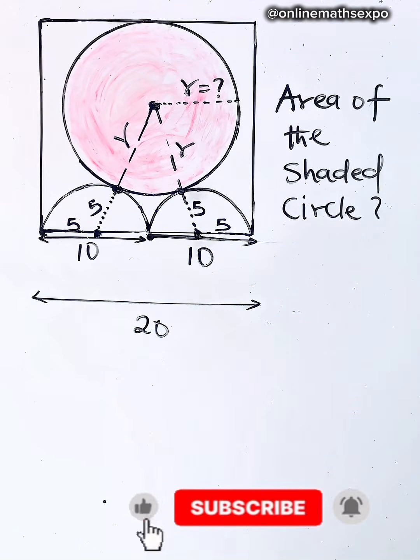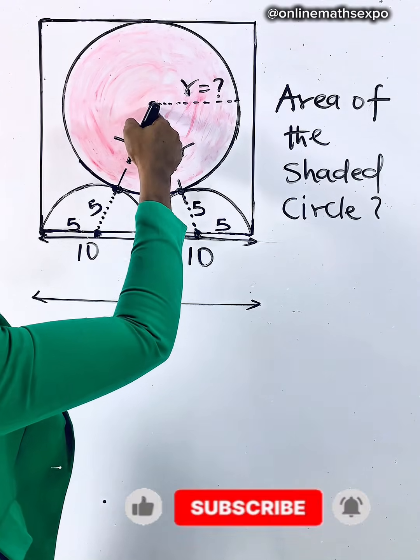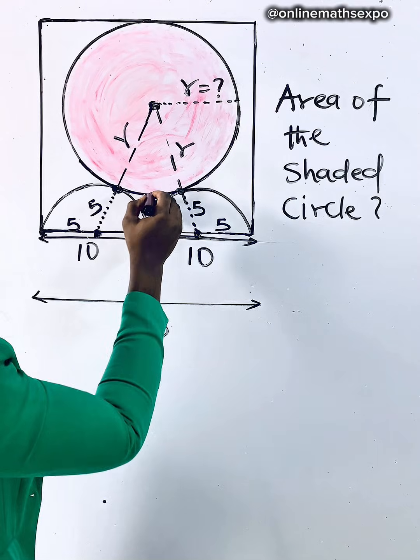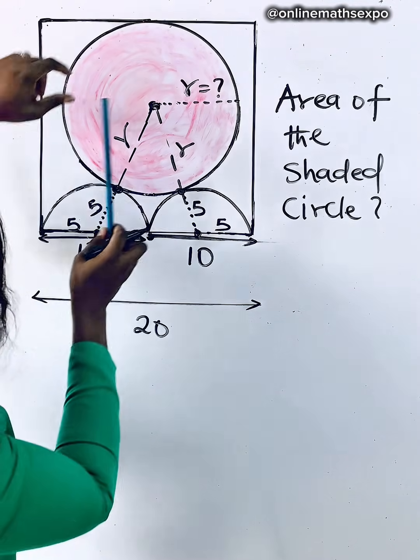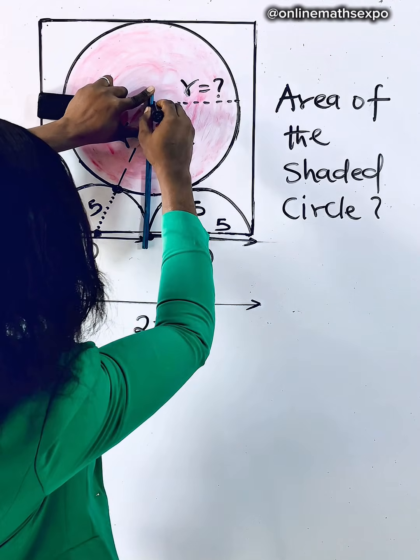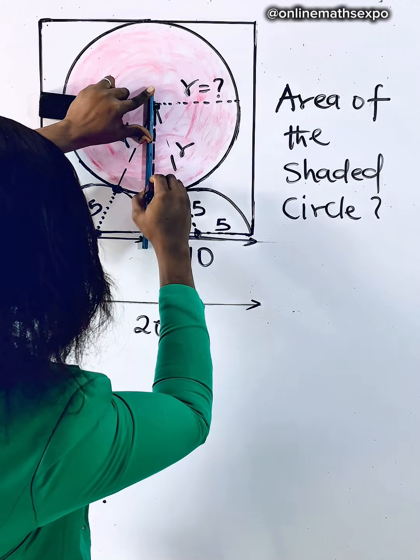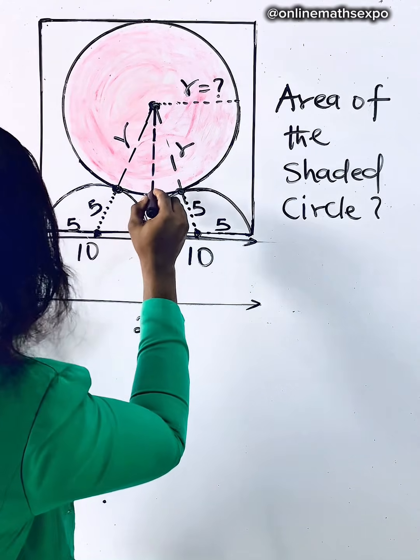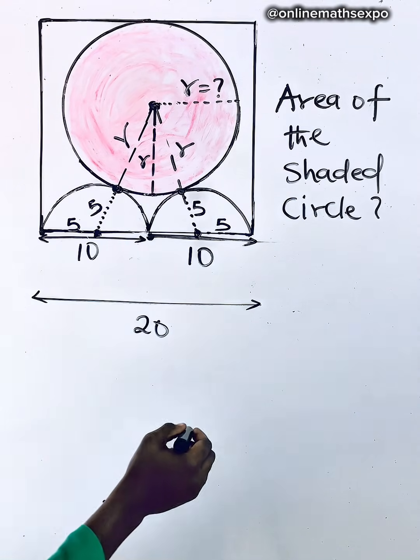Now, what do you do next? Also know that from here, we can generate another radius from here to touch this part of the circle. We are targeting this meeting point. So we are going to have it this way. So we extend the line from this end. Now, from here to here is also our radius.